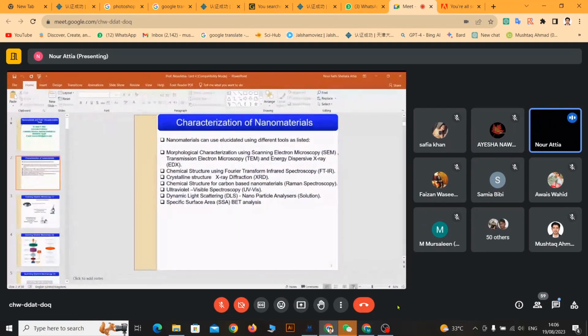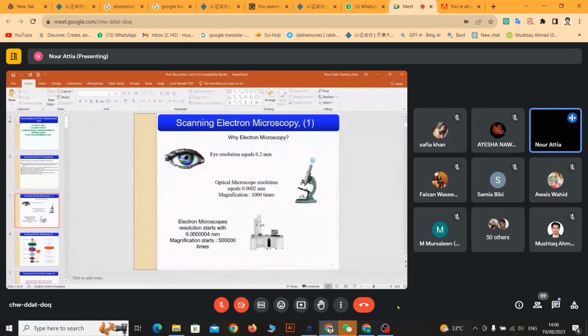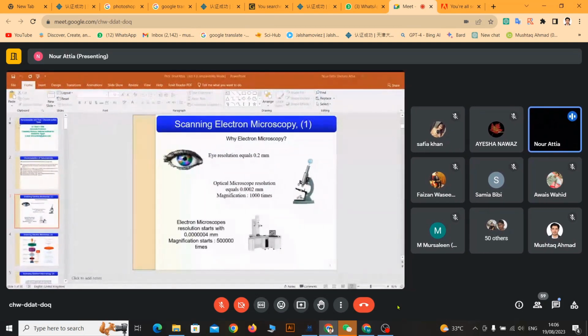So let's start, first of all, with the scanning electron microscope. I told you the nanomaterial existed a long time ago, 3,000 years or 3 million years, nanomaterial is there, but the problem is people didn't know whether it was nanomaterial or not.